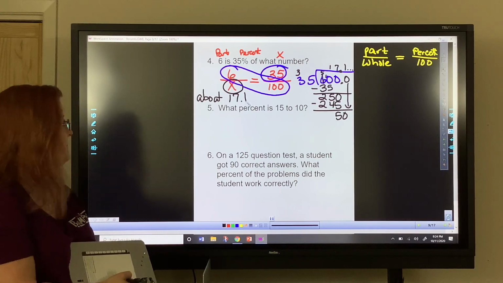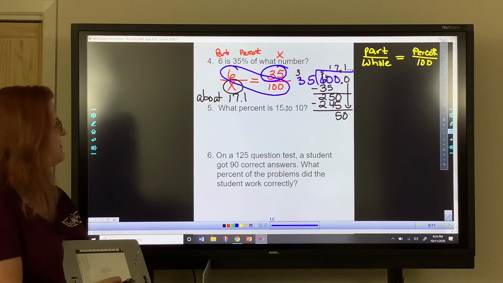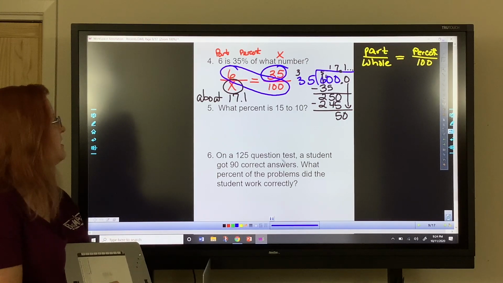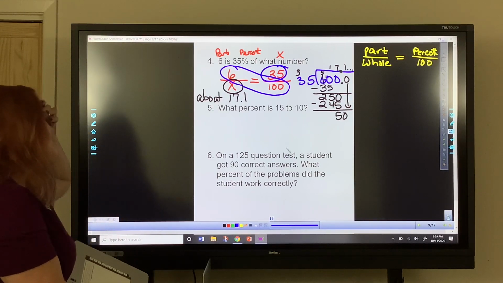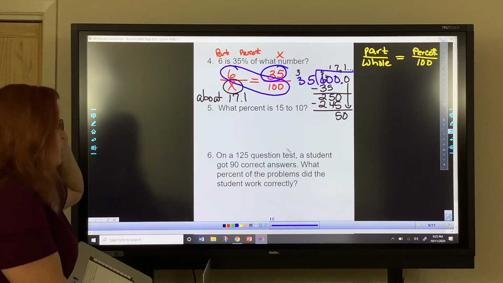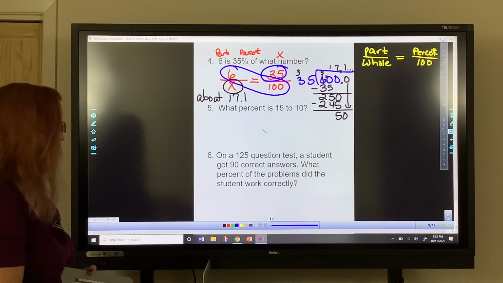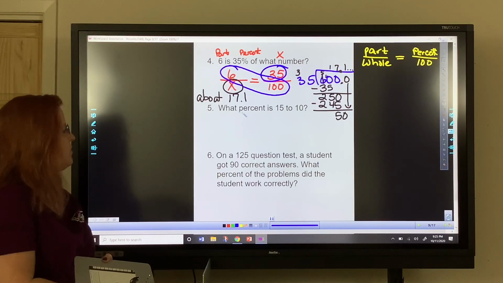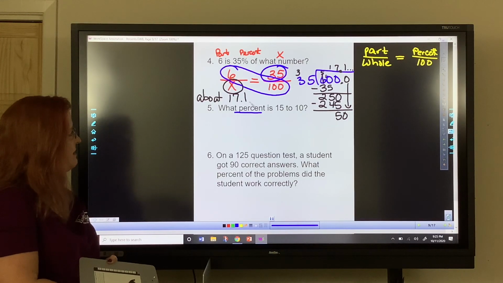Okay? All right. What percent is 15 to 10? Oh, this one's a little harder. It doesn't actually tell us which one's which, but it does. Okay, let's see how. All right, first off, we're looking for our percent, so that's going to be my variable. So we know we have x over 100.